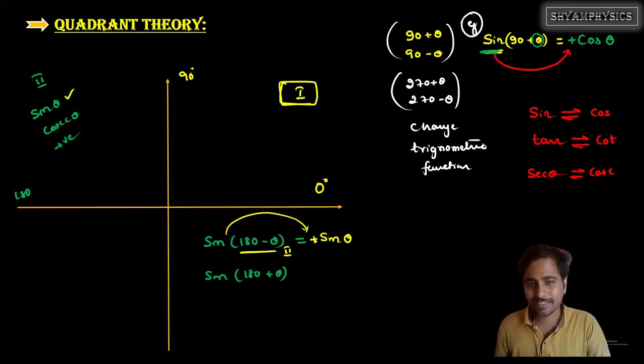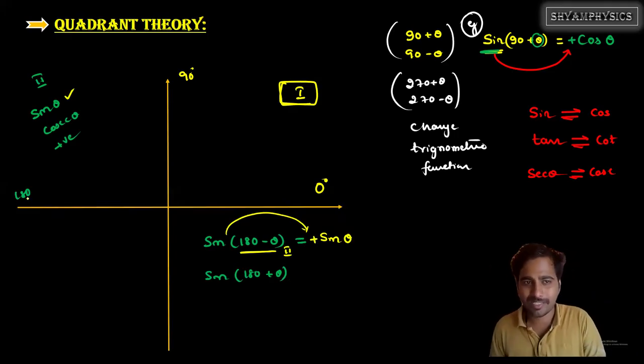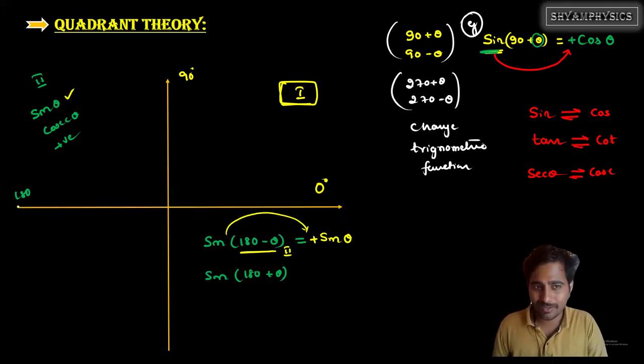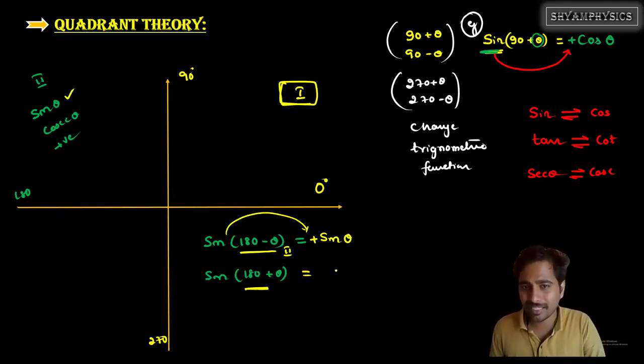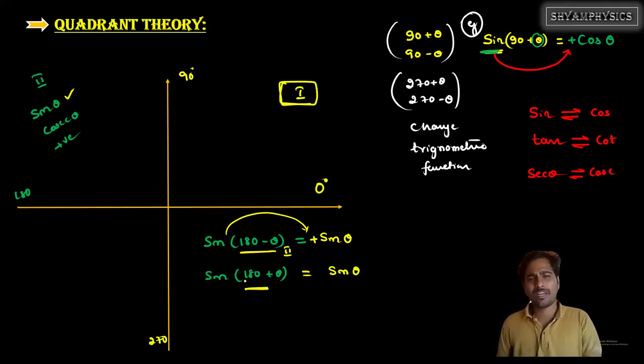Done. Next, sine 180 plus theta. Look here. 180 plus theta means it lies between 180 and 270, right? One thing is sure: 180 is there, so we should not change the trigonometric function. As usual, it will be sine theta itself. Now tell me, sine 180 plus theta belongs to which quadrant?